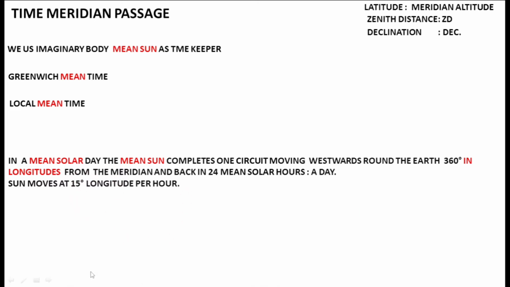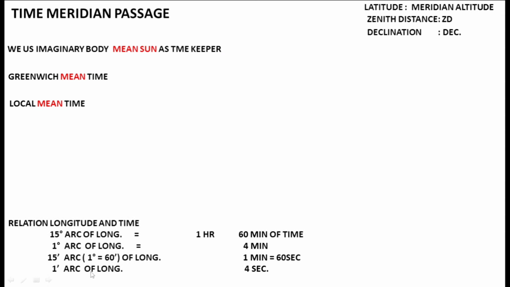Thus the relationship is that 15 degrees of arc of longitude is 1 hour, 1 degree is 4 minutes, and 1 minute of longitude is 4 seconds, and so on. This is required so that you are able to convert time into longitude or longitude into time.